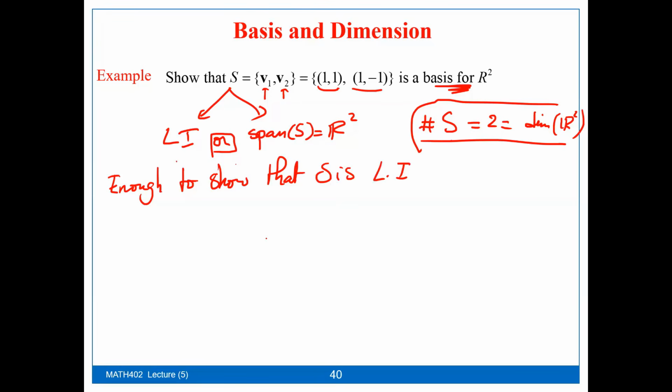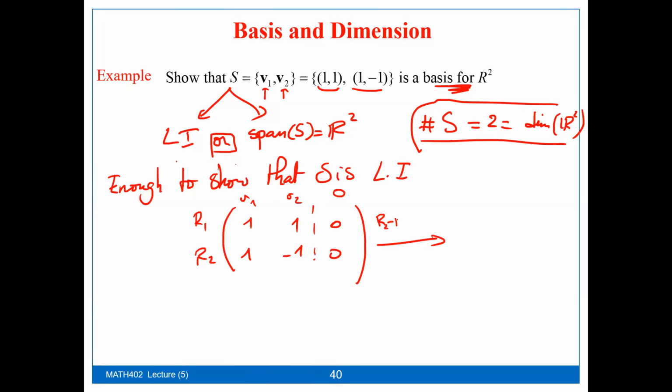What does linearly independent mean? We solve the homogeneous system V1, V2, 0. So 1, 1, 1, minus 1, 0, 0. R1, R2. If we do R2 minus R1, we obtain 1, 1, 0, 0, minus 2, 0.